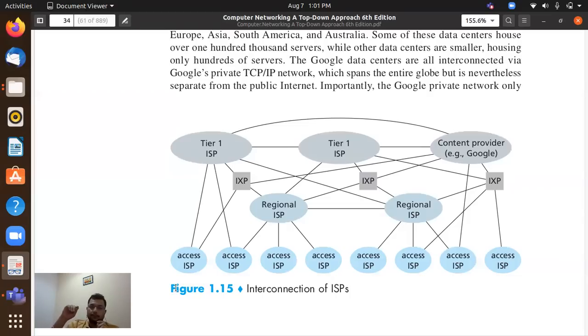It will be based only on the connection. So if an access service provider wants to interconnect, it has to pay based on the connections, not on the volume of traffic it passes through the network. That is not feasible, and it is not economical either.